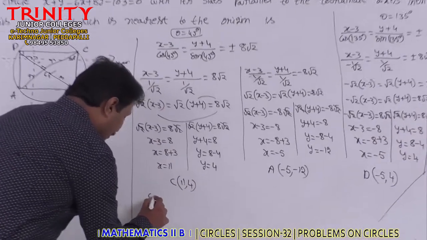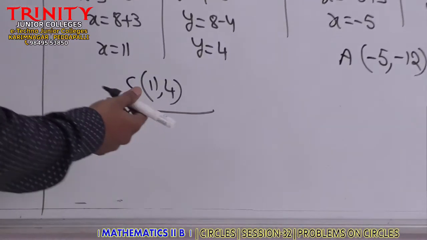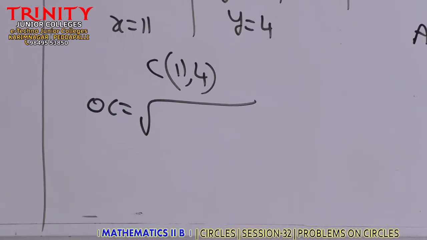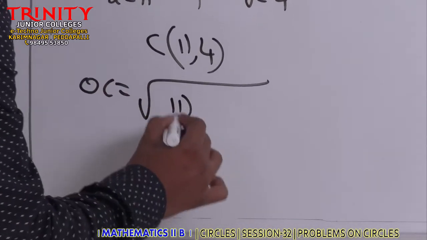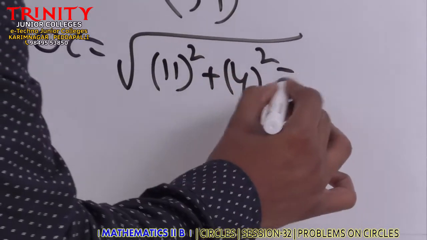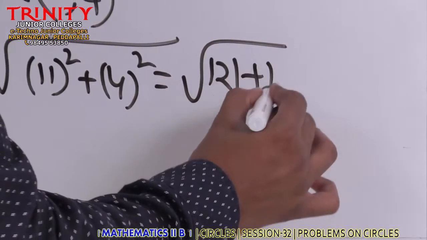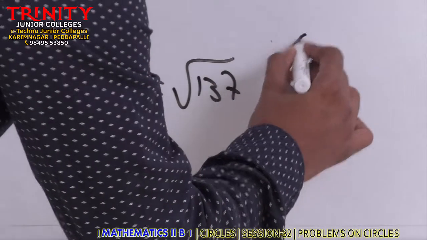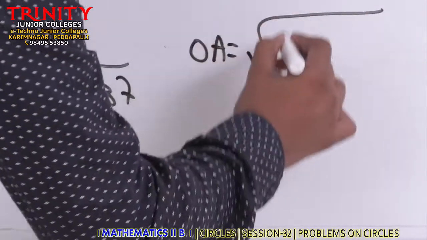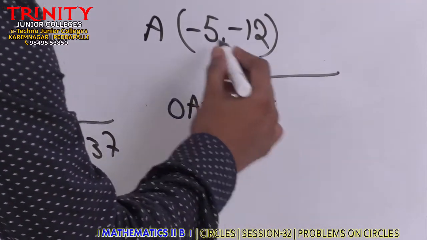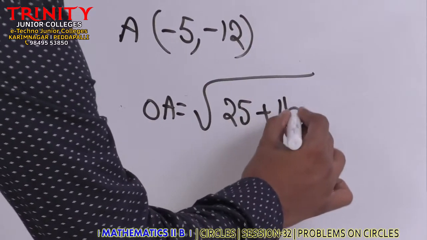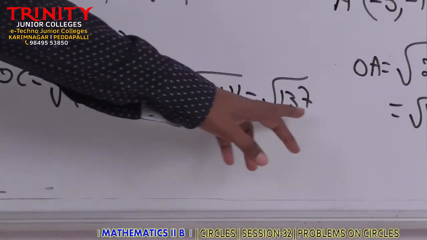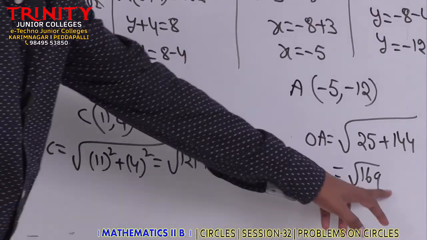The distance OC equals the square root of x1 square plus y1 square, that is the square root of 11 square plus 4 square, which equals the square root of 121 plus 16, that equals root 137. The distance OA is the square root of 5 square plus 12 square, that equals 25 plus 144, that equals root 169.